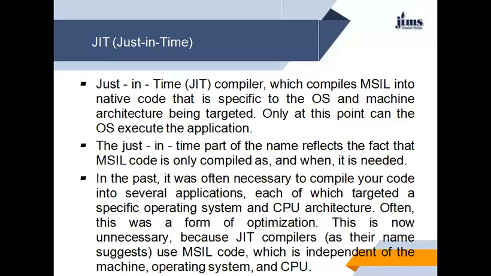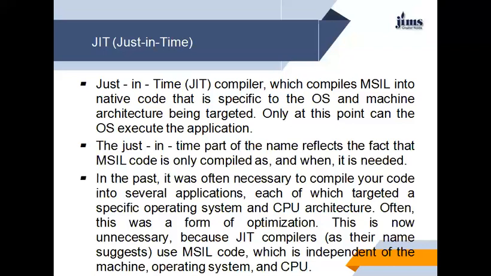But this is now unnecessary because JIT compilers, as their name suggests, use MSIL code, which is independent of the machine. You have one programming language, that language has a compatible compiler, and that compiler converts the code into MSIL, Microsoft Intermediate Language.